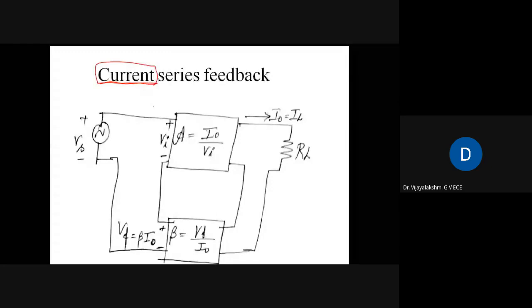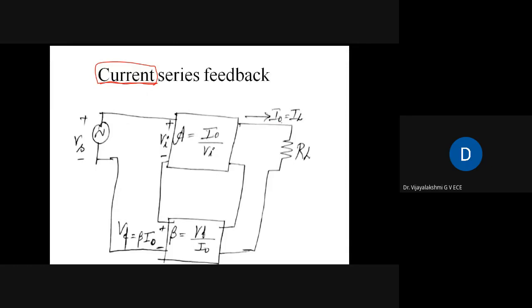As I had indicated V naught as the output voltage, here current is indicated as I naught, the output current. Now I have to take I naught. And what is the feedback factor? Beta. So what portion of output am I taking? Beta times I naught.